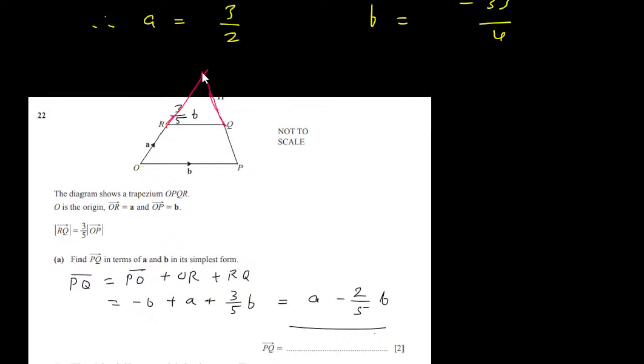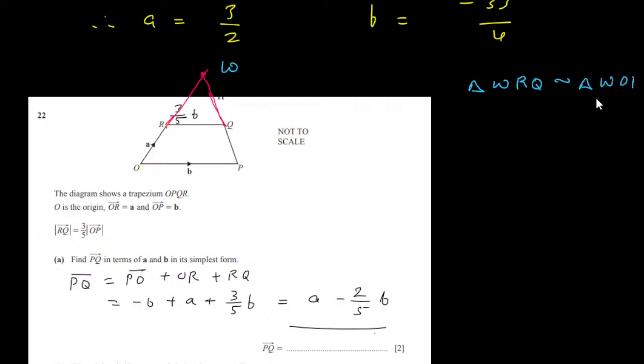They will meet somewhere here, intersecting at W. As they are intersecting at W, you know that triangle WRQ is similar to triangle WOP.